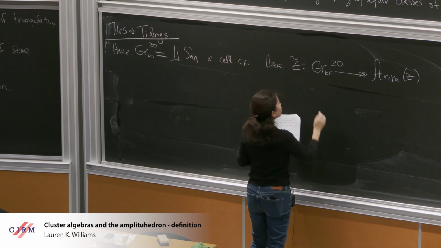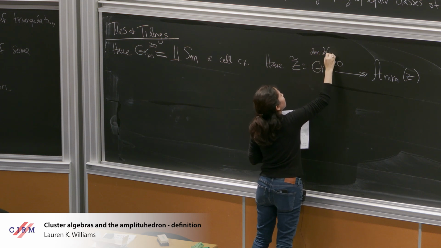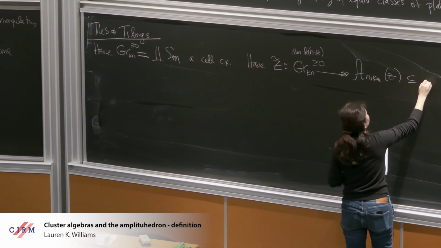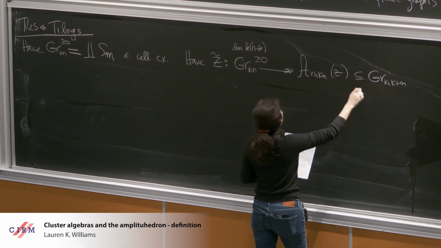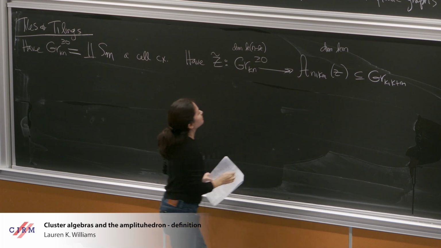And the TNN Grassmannian has dimension k times n minus k. And the amplituhedron, which sits inside the Grassmannian of k-planes in k plus m space, has full dimension here. So this has dimension k times m.